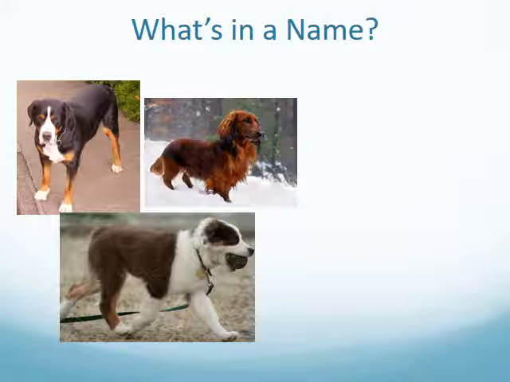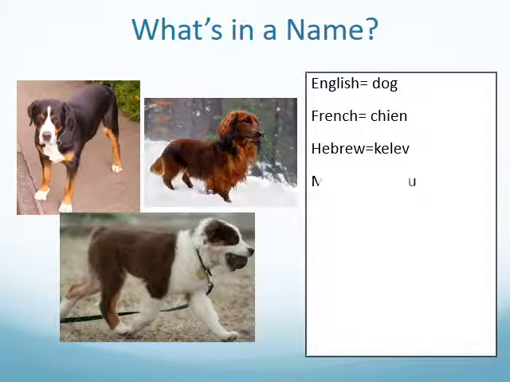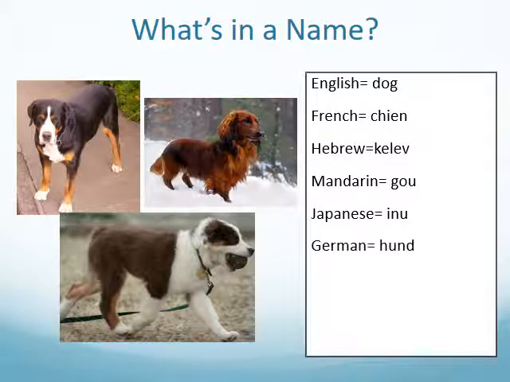All right, so let's look at what we have here. Well, you can guess that they are all dogs. In English, we call them a dog. In French, it's a chien. Hebrew is a kalev. Mandarin is gou. Japanese is inu. German is hund. And Hindi is kutta. If I said any of those wrong, I apologize.